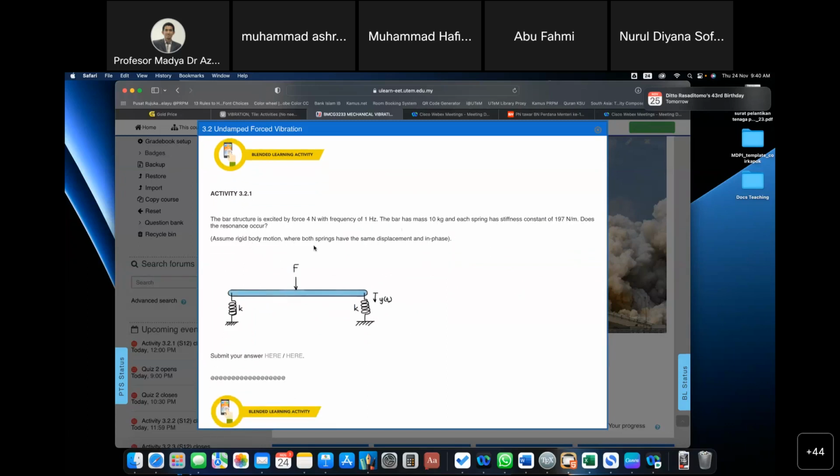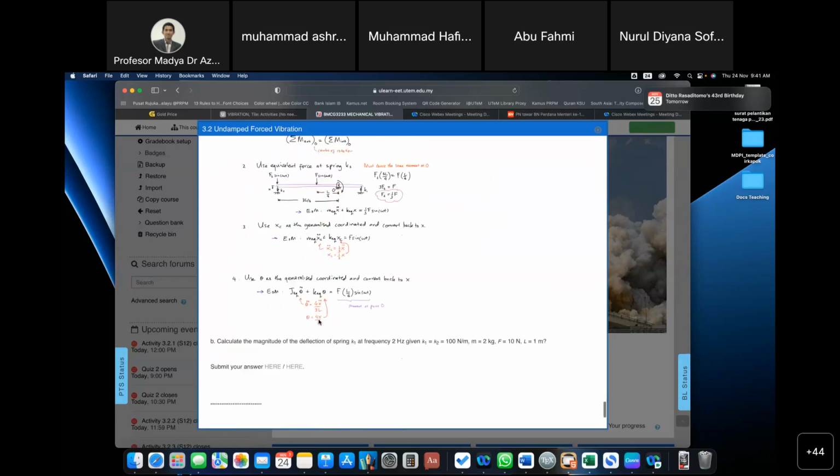Assume rigid body, so the vibration of the pipe is in phase. All the springs are in phase. Does resonance occur? You have to prove whether this is resonance or not. It's very simple.